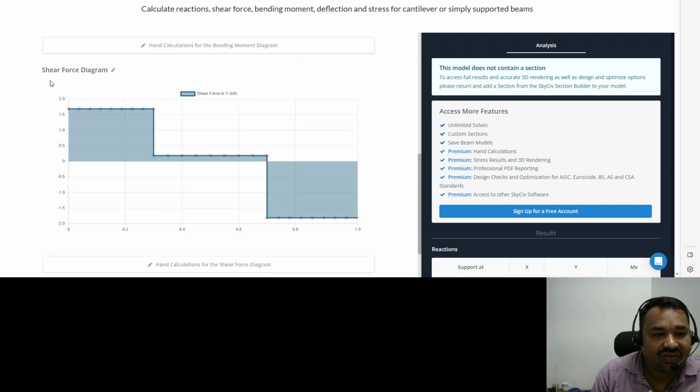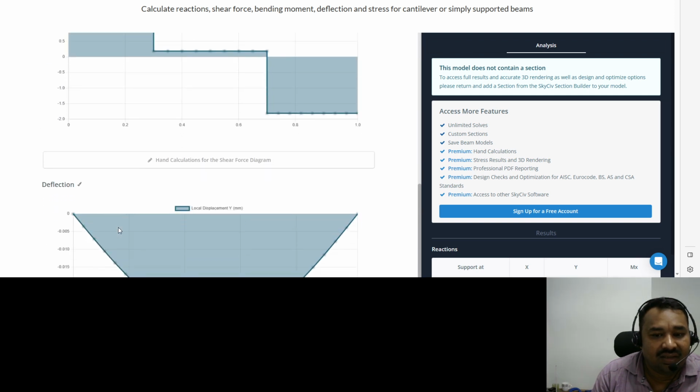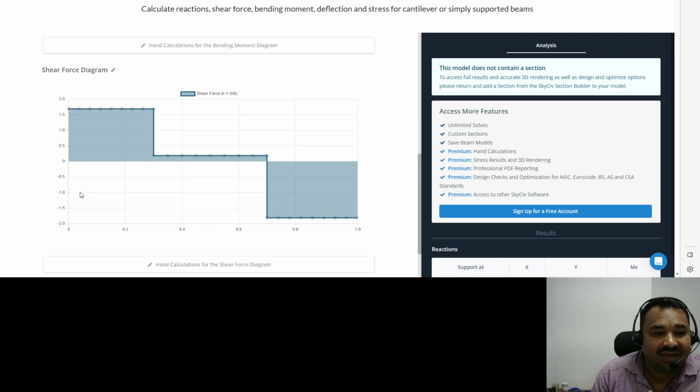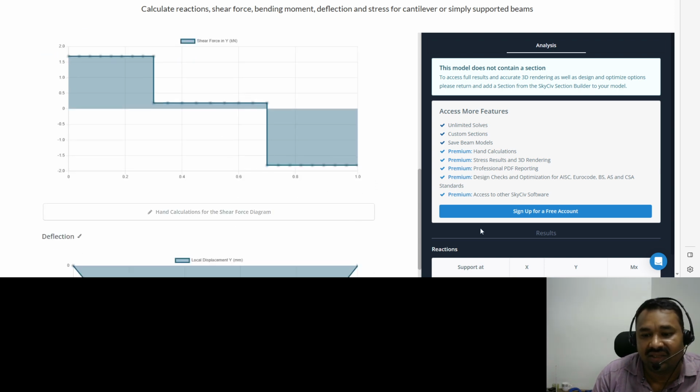Similarly, the shear force diagram shows the variation of shear force along the length. So one can see the bending moments are 0 at the supports, but due to reactions, this value represents the reaction at support A. This is the reaction at support B. So in this way, the shear force is varying along the length.